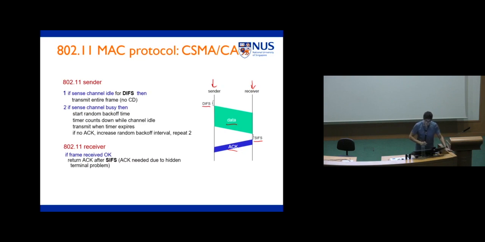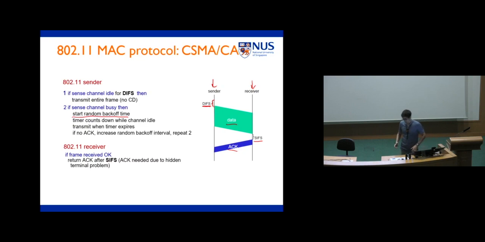But now let's assume that in this DIFS interval, the sender senses the channel to be busy. It's not idle, so it cannot send data. What does it do? It starts a random backoff time. In other words, it waits.